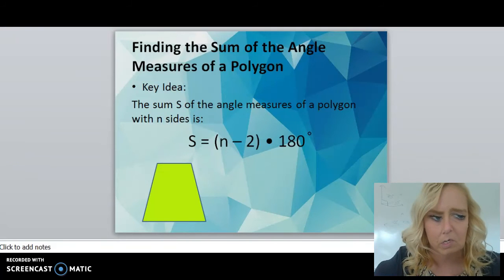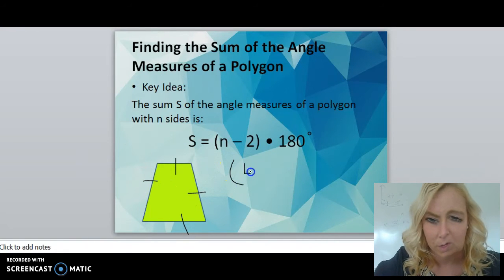Let's look at this example here. Again, the number of sides, there's 1, 2, 3, 4 sides. So I'm going to take 4 minus 2 times 180.